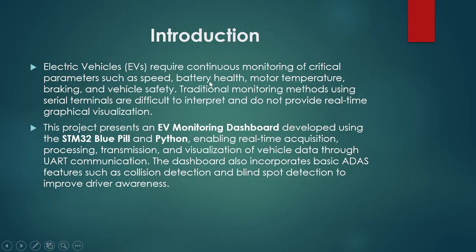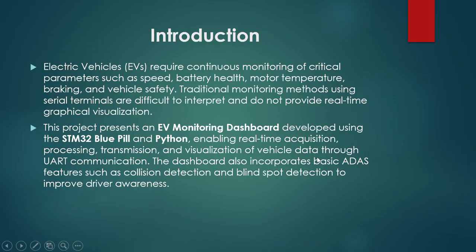However, they require continuous monitoring of important parameters such as vehicle speed, battery charge, motor temperature, braking and driving range. Along with EV monitoring, modern vehicles also use advanced driver assistance systems, known as ADAS, to improve safety by warning drivers.